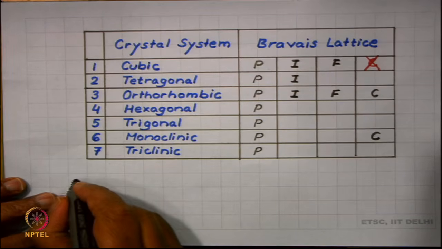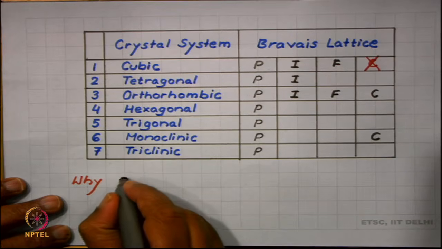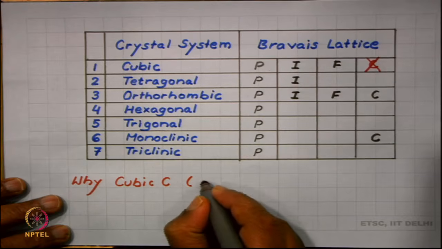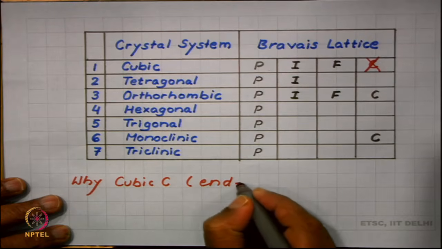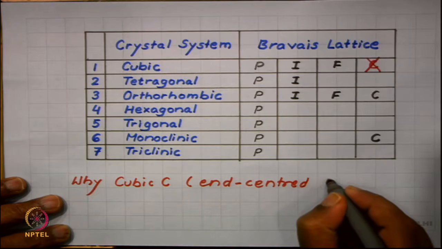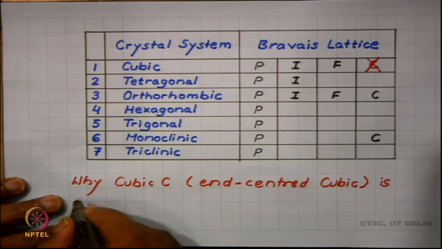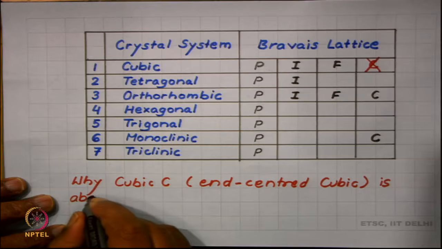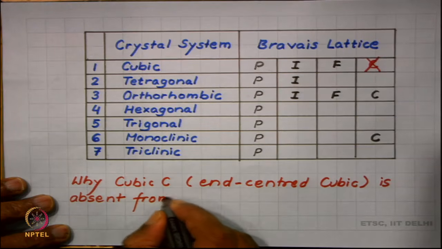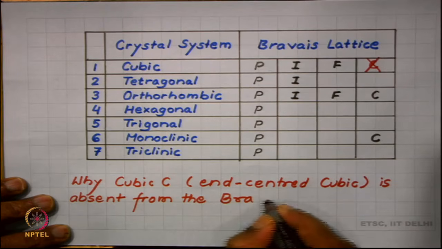So, let us write down that question: why is cubic C, or end centered cubic, absent from the Bravais list?